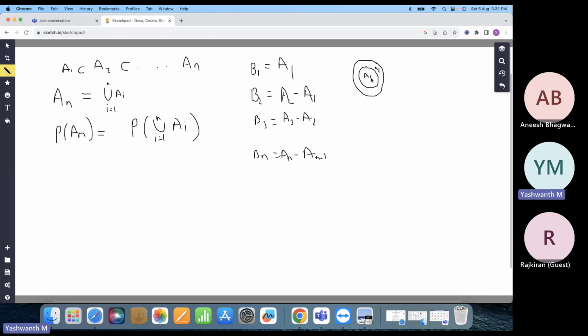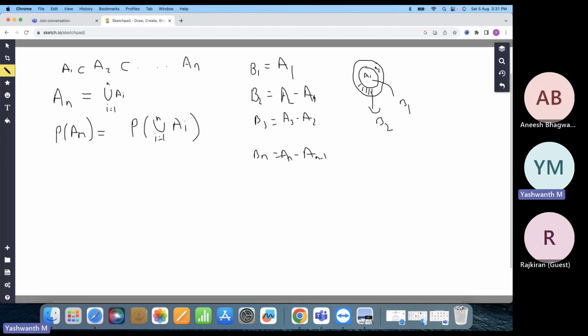So B1 is A1, and B2 is A2 minus A1, the set of points which are in A2 but not in A1.